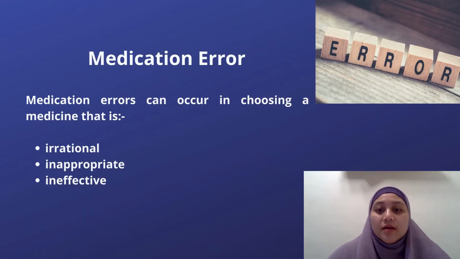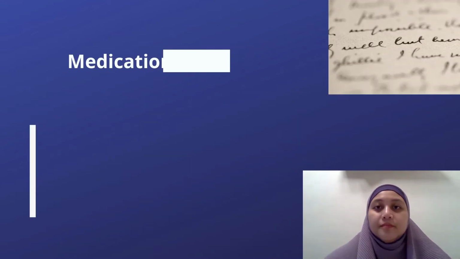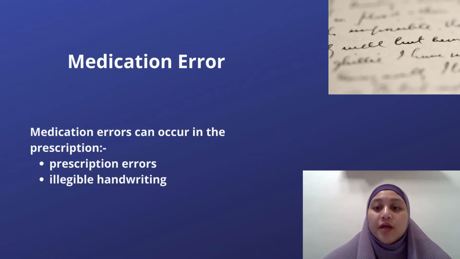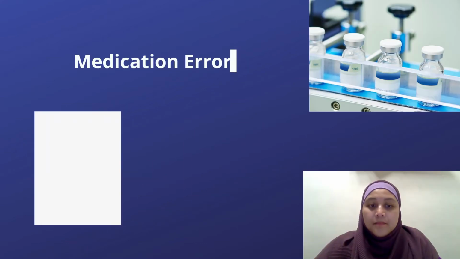Medication errors can occur along the medication steps. Errors could occur when choosing a medicine which is considered as irrational, inappropriate, or ineffective. Errors could occur during writing a prescription, and this is caused by poor handwriting of medical practitioners that is illegible by other healthcare workers.